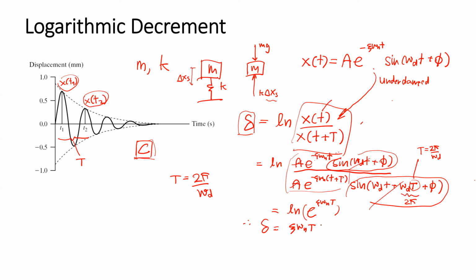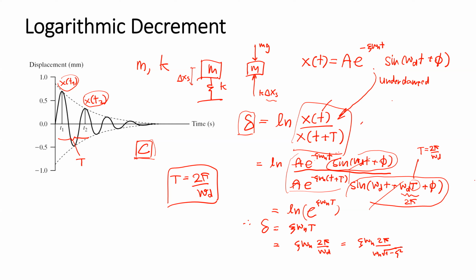And if you remember, we can relate the period to the damped natural frequency, so we can have psi omega n times 2 pi divided by omega d. And you know that omega d is equal to omega n multiplied by the square root of 1 minus psi square.